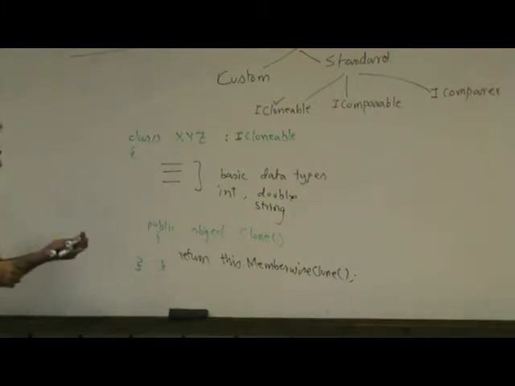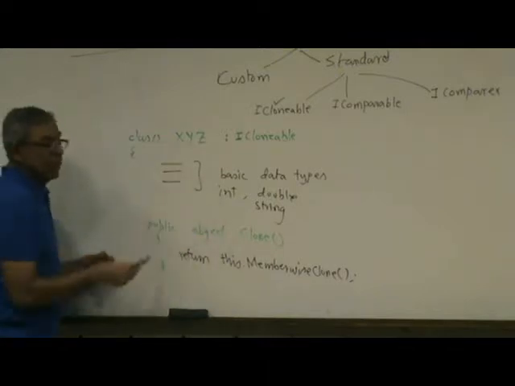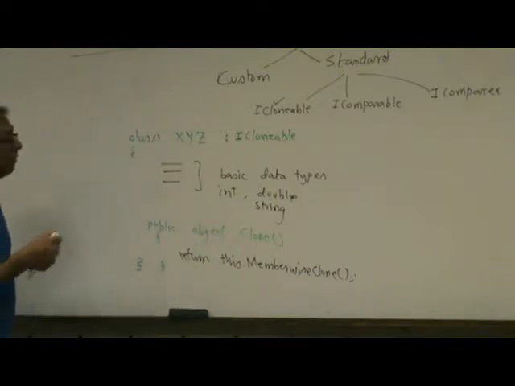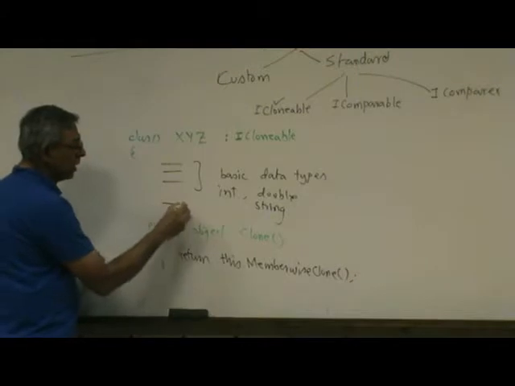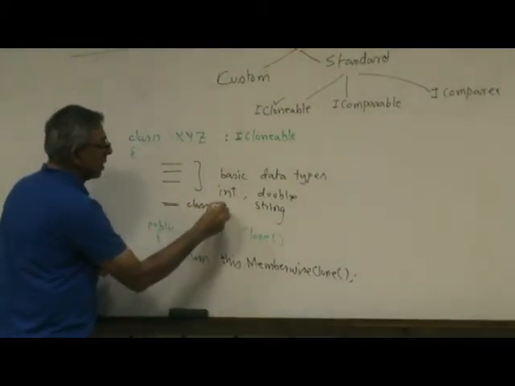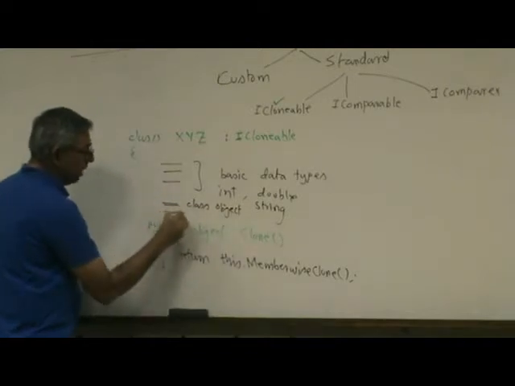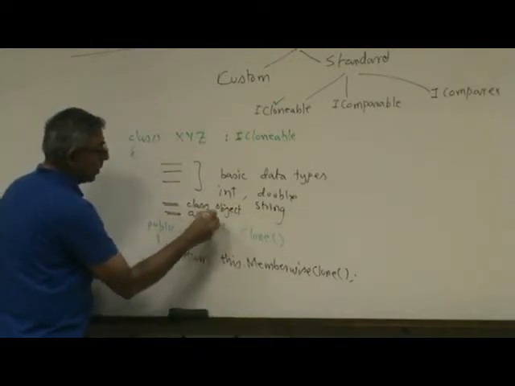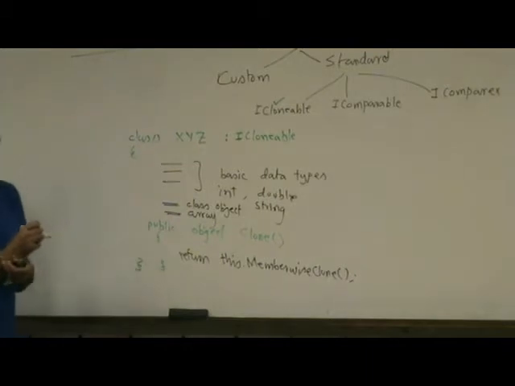So now if we have, instead of basic data types, also some, let's say, class object, or we have, let's say, an array as part of the fields of our class, right? Then MemberwiseClone will not work.